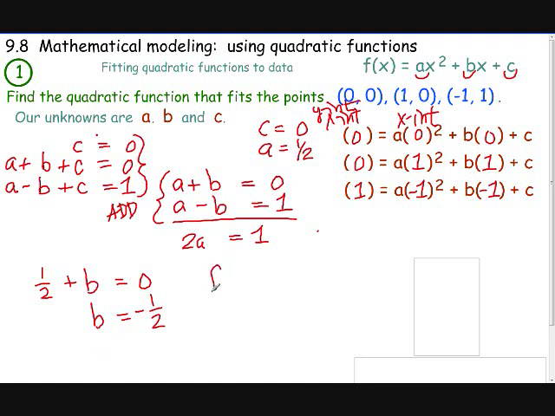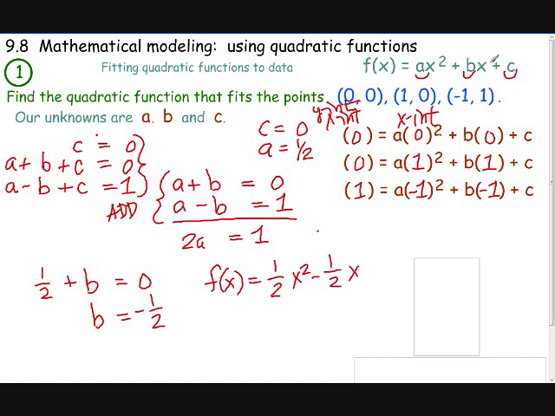Function f of x equals, what's my coefficient for x squared? It's right up here. 1/2 x squared. What's my coefficient for my linear term x? It's b, which I found was negative, so negative 1/2 x.